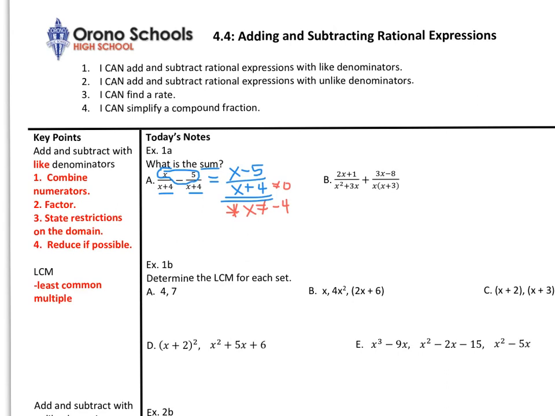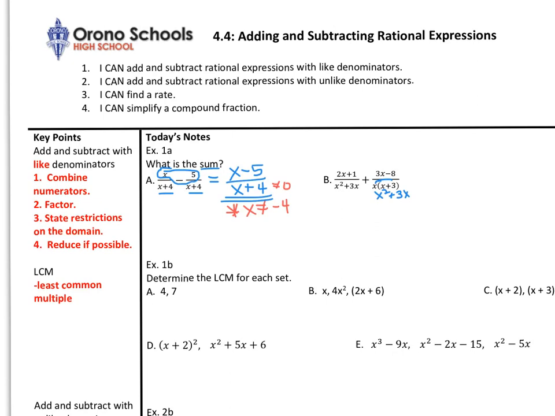Over on the right, kind of the same idea. Now take a look at the rational expression 2x plus 1 over x squared plus 3x, plus 3x minus 8 over x times x plus 3. Well, notice that x times x plus 3 really is x squared plus 3x. It was just written in factored form.